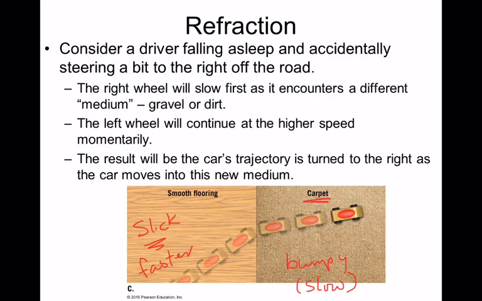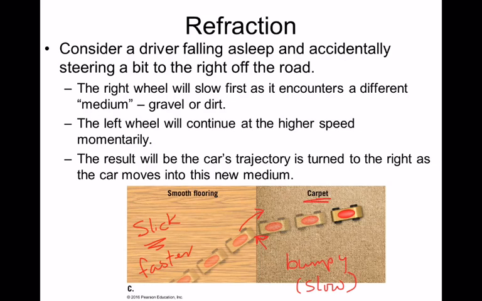As it does that, because light is a wave, the part of the light that hits the interface first is going to be swung around. The other part keeps going fast momentarily upon impact. Think of it as this hits first, and then this swings around, and voila, it has changed its trajectory. That's always what it's going to be.